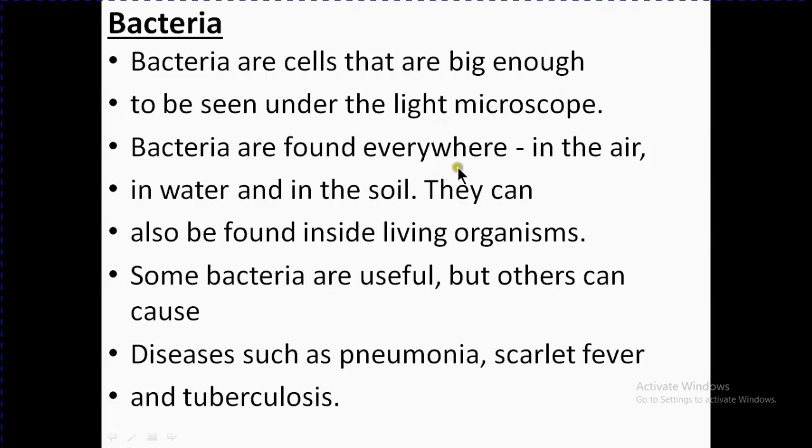Bacteria are found everywhere: in the air, in water, and in the soil. You can say that they are present everywhere around us, in the atmosphere, in soil, and also in water. They can also be found inside living organisms.